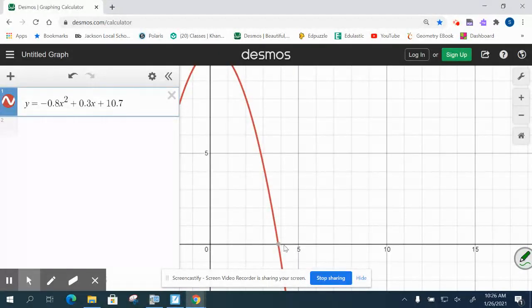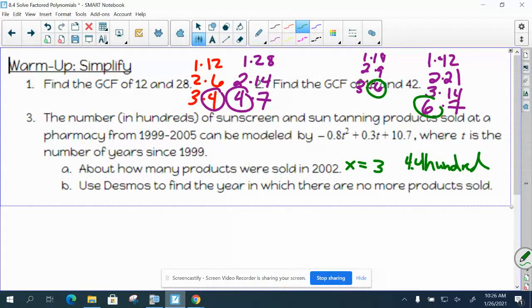That's when there are no more products sold. So 3.85 is the year, about 3 years after 1999, so that would be in the year 2002.